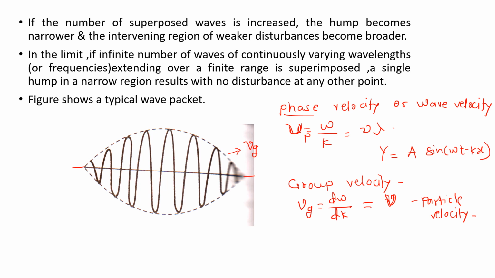Because when we attached such a single wave, we arrived at a result that u is c square upon v, whereas if we attach a group of waves to a moving particle, then the group velocity comes out to be the velocity of the particle only. So now it becomes an acceptable result.